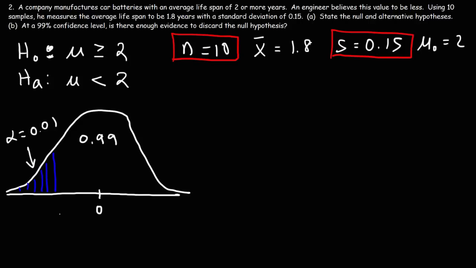But first, we need to determine the t-value that corresponds to our critical value. So we need to go to the student's t-distribution table, which I'm going to do shortly.